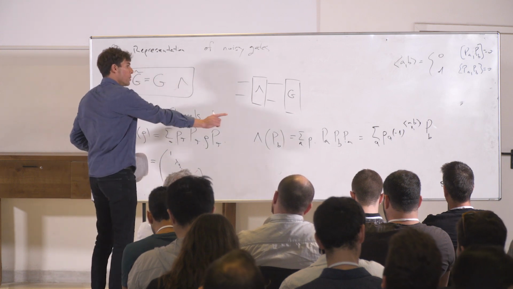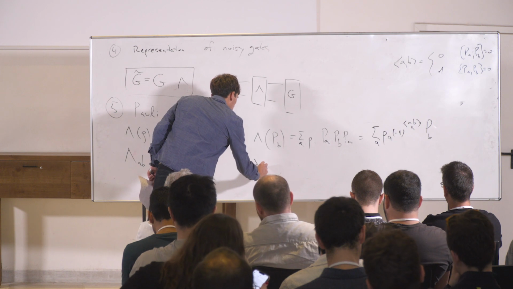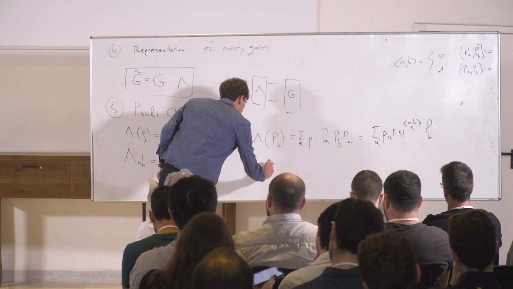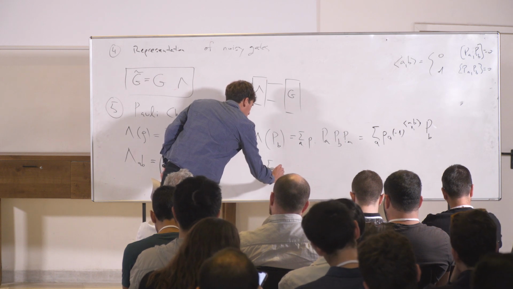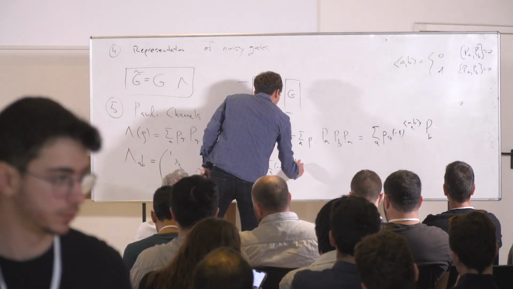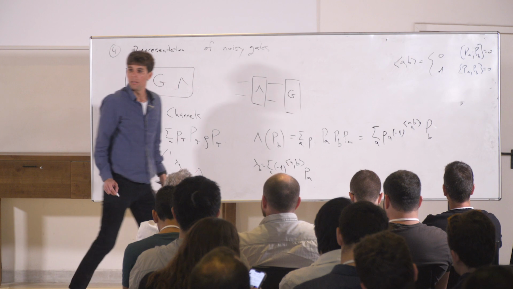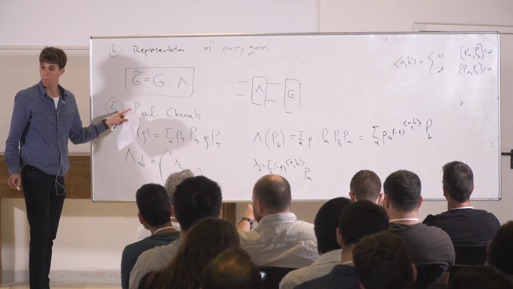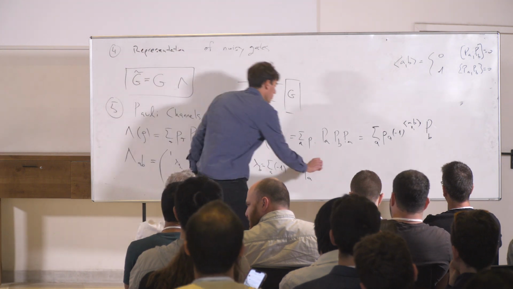And the relation between the lambda and the p's, as we just saw here, is lambda B equals the sum over all the A's of minus 1 to the power A comma B times P A. This is the transformation between the P and the lambda. This is sometimes called the Walsh-Hadamard transform.